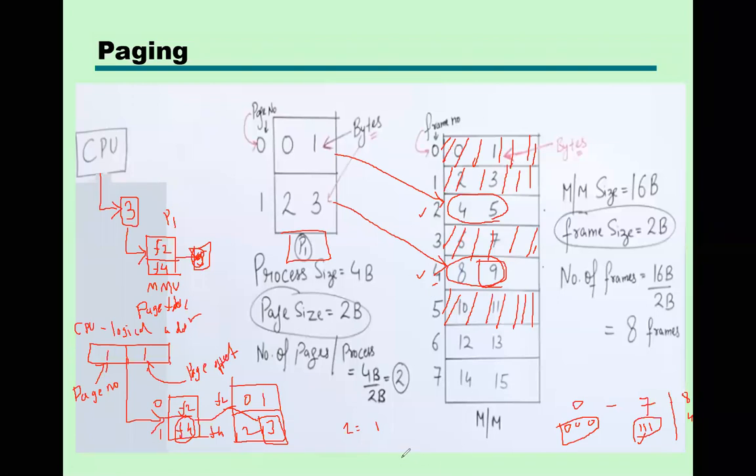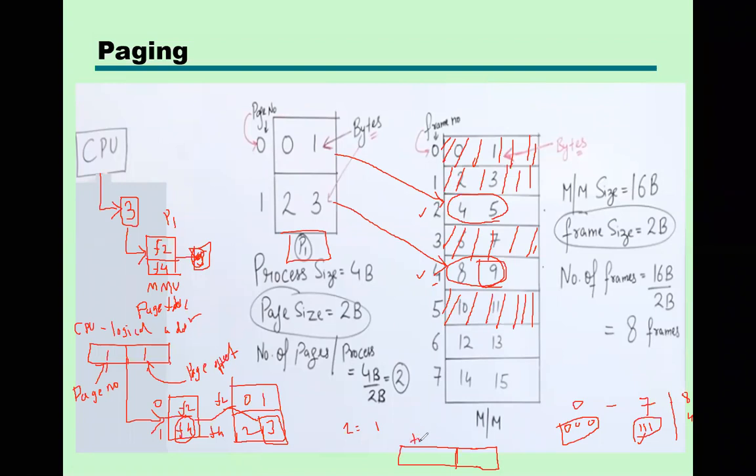And we have seen in the logical address there is a frame number and a frame size, right? So what is the frame number? See here, this frame number is 4.